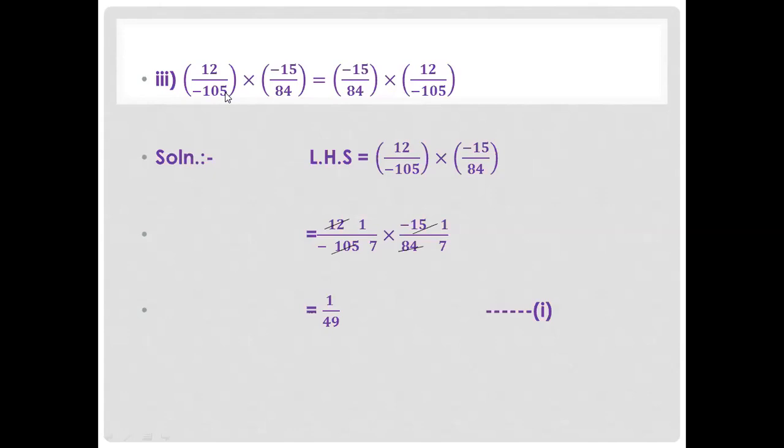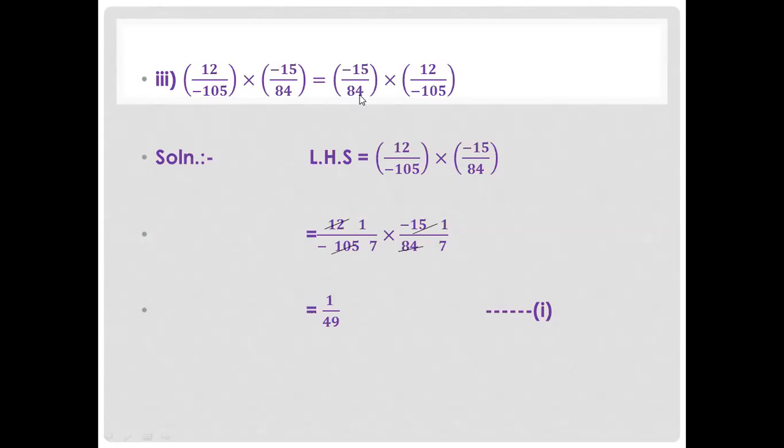In the left hand side, 12 over minus 105 is in the first position, but in the right hand side it is in the second position, and minus 15 over 84 in the left hand side is in the second position, but in the right hand side it is in the first position. So in the same way as we did in the previous question, we will take the left hand side first and solve it, we get the answer, and then we solve the right hand side.